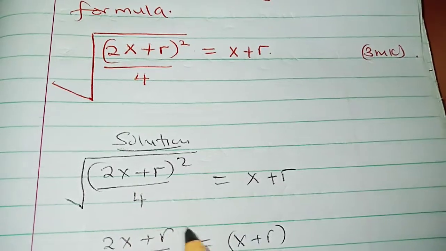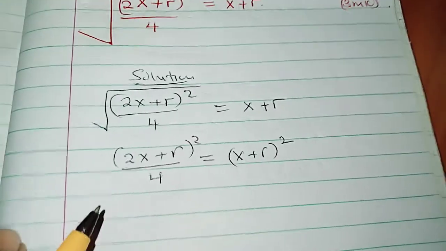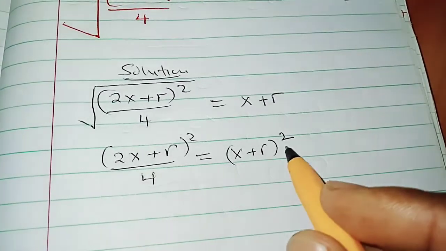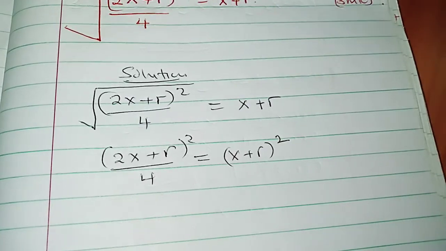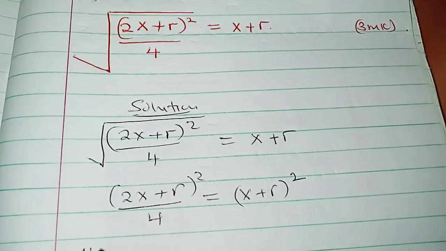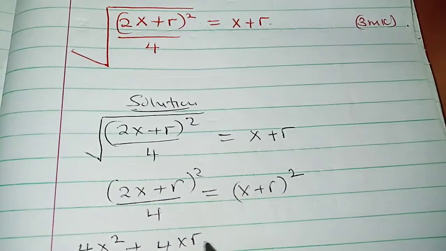So that means we square both sides, and on the left hand side we shall have (2x plus r) squared over 4, and on the right hand side we have (x plus r) squared. So expanding, we have 4x squared plus 4xr plus r squared.